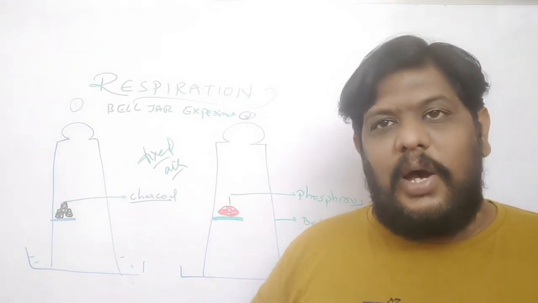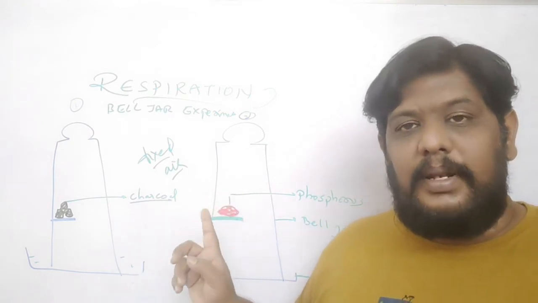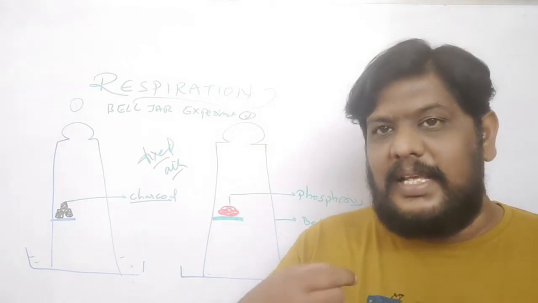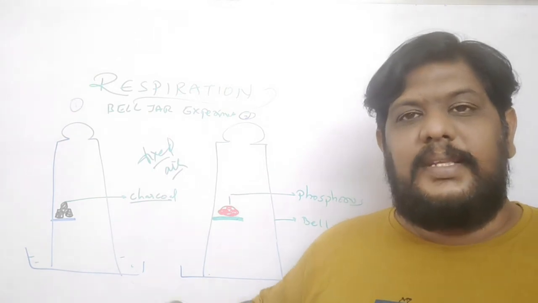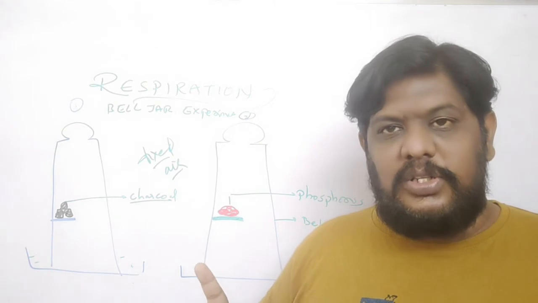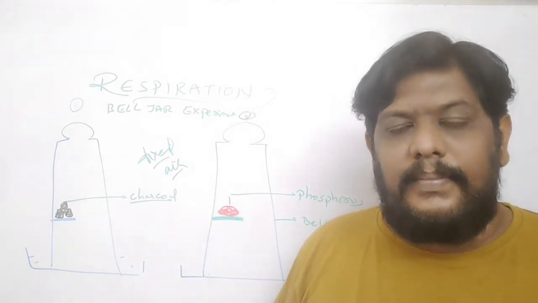So that is how he came to the conclusion that this gas is not only respirable but is also taken in by human beings as respirable air. And the second one is that it also helps in burning. So he came to these two conclusions: first, it is a respirable air, and second, it helps in burning.